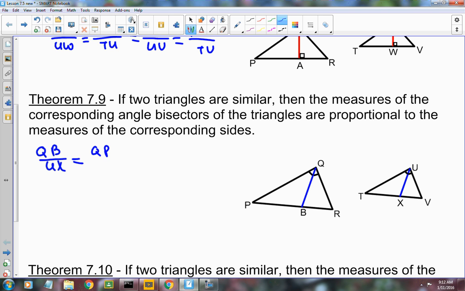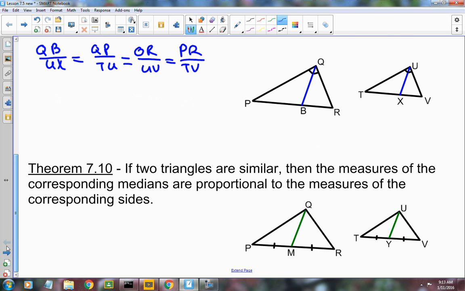So I could do QP is to TU, or QR is to UV, or PR is to TV. So your angle bisectors are proportional to a pair of corresponding sides. So your altitudes are, your angle bisectors are.